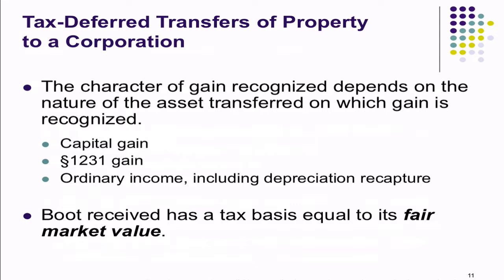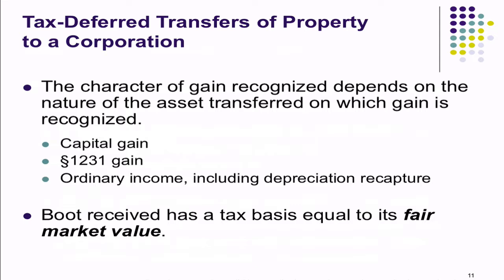When I look at the gain, it carries over when the corporation gives me the transfer back, or when I transfer to the corporation, it maintains. Remember, it's just a swap again. It's just a change of one thing for another, supposedly of equal value. And so it carries the type of gain that it would be in either case.